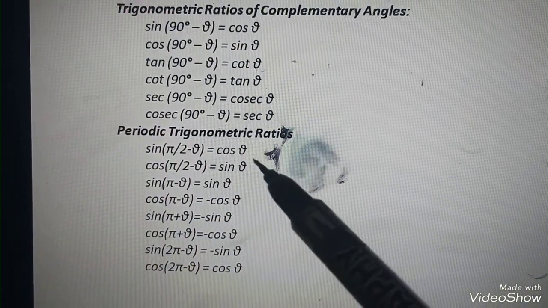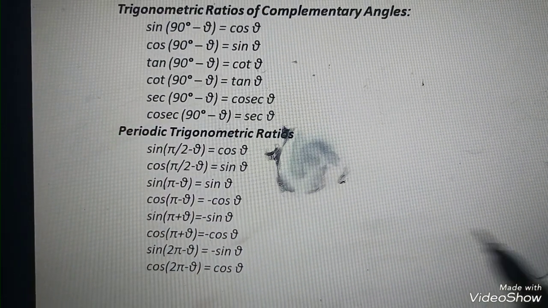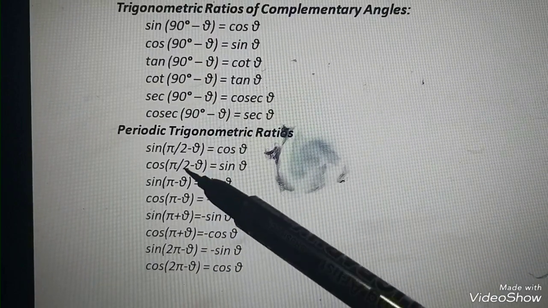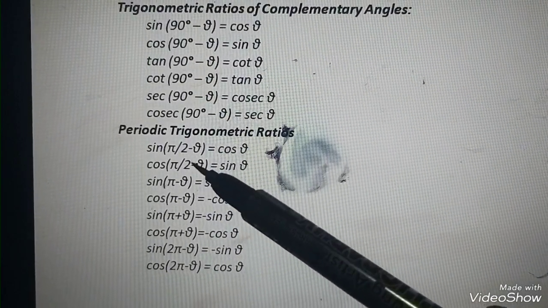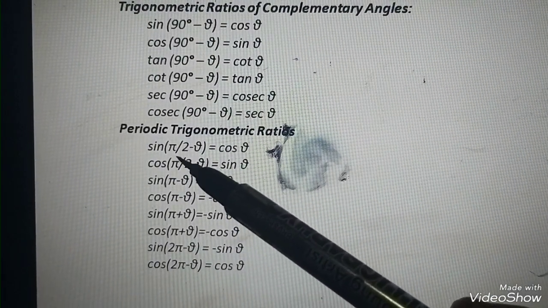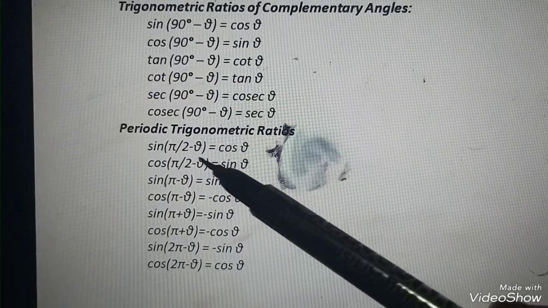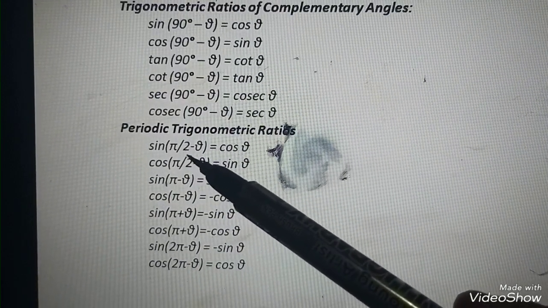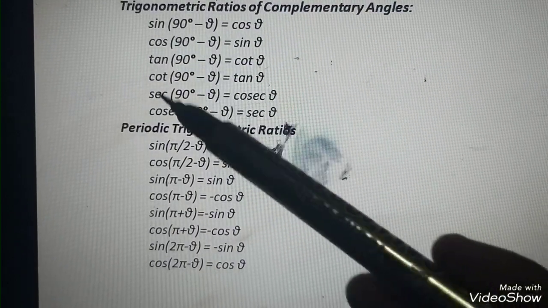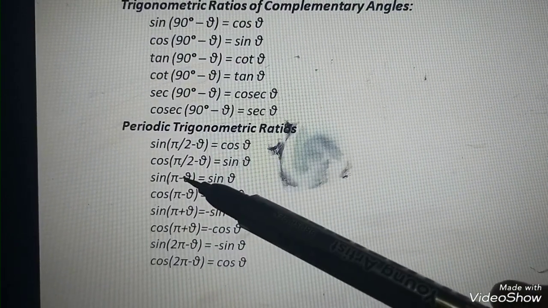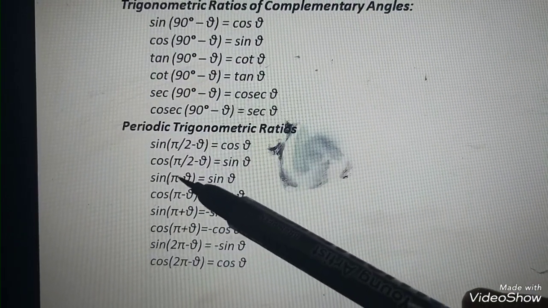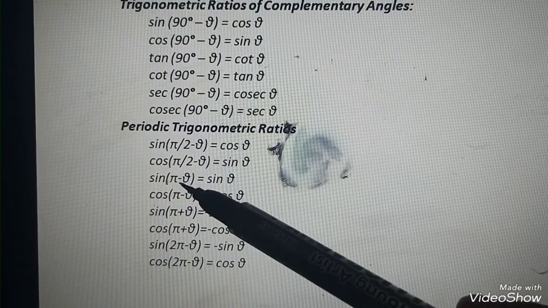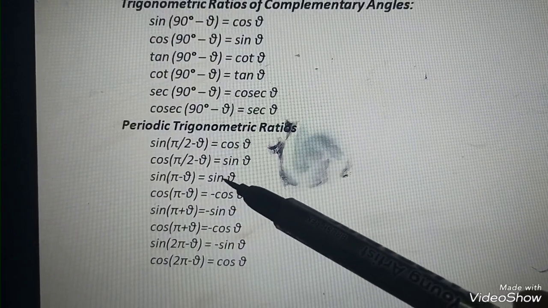Now periodic trigonometric ratios. Some of these important ratios: pi by 2 means 180 by 2. Sin(pi by 2 minus theta) is cos theta. This can be written in this form also. Sin(pi minus theta), that is sin(180 minus theta), we get sin theta.